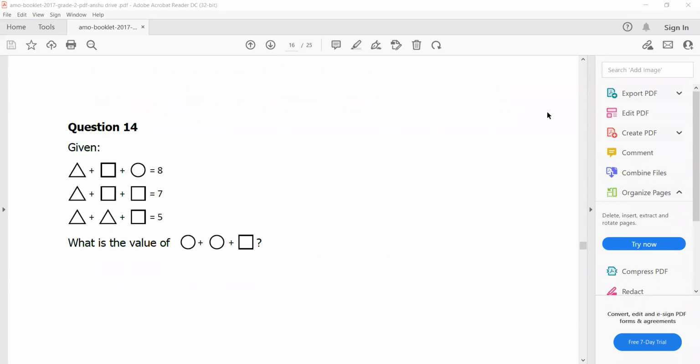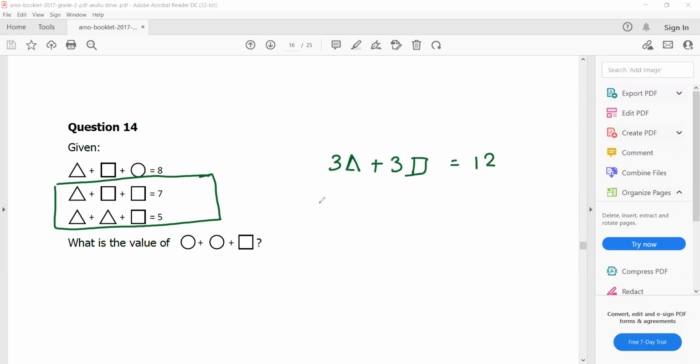Next. In this type of question, there are 3 unknowns and you would use simultaneous equations for solving, but grade 2 students don't know simultaneous equations. What to do? Just see the figure, and use a pictogram type of explanation for the child. Add the 3. So 3 triangles plus 3 squares equal 12. They can understand this very well.